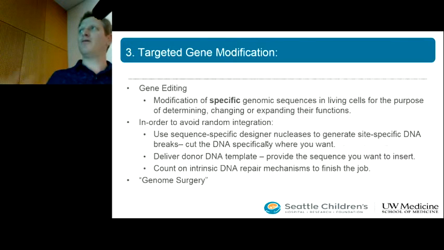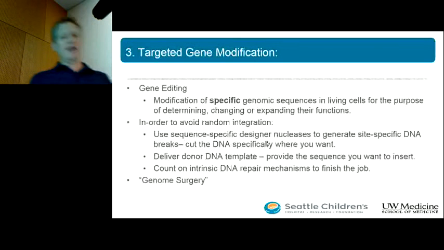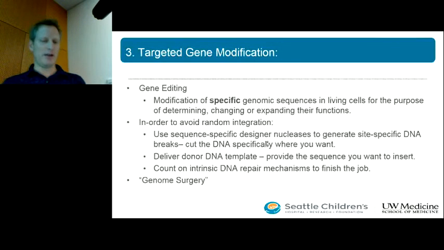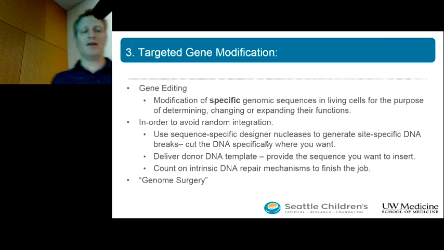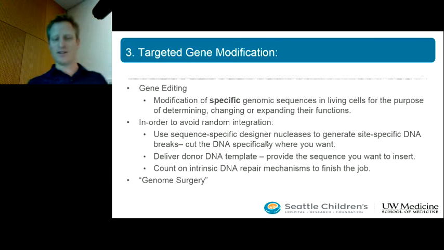And then you have to deliver your DNA template. And you have to count on intrinsic DNA repair mechanisms to finish the job, and I will show you what it means. Some people call it genome surgery. I mean, if you have a pediatric surgeon and you're doing in utero surgery, so I think genome surgery is the next.